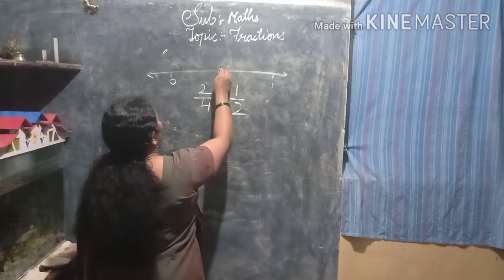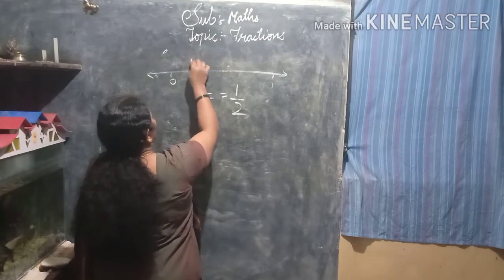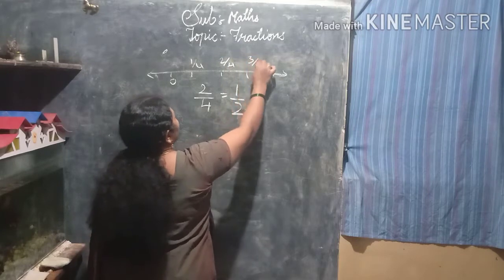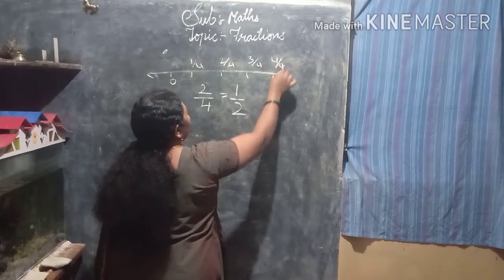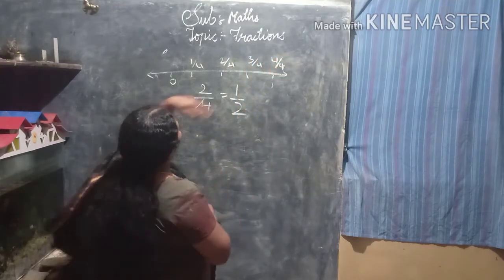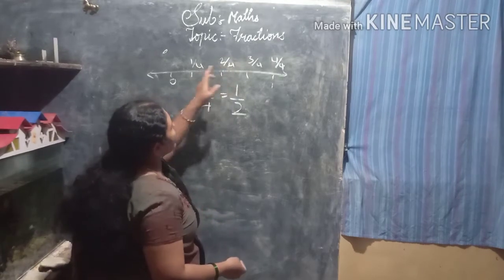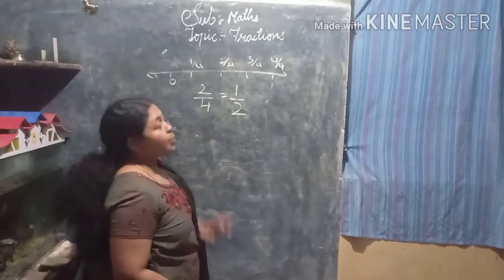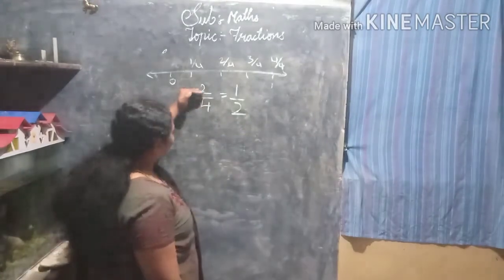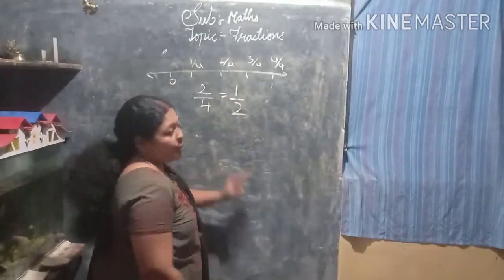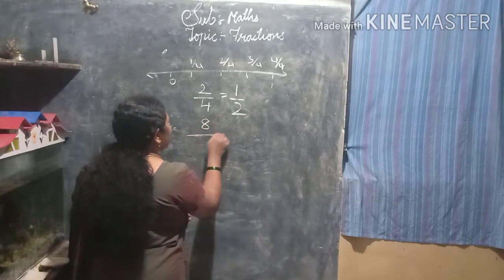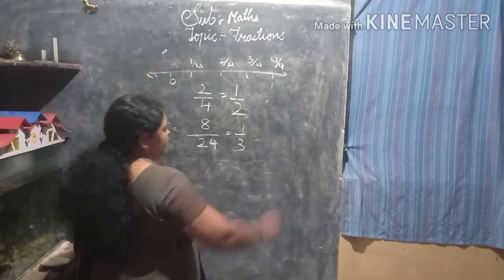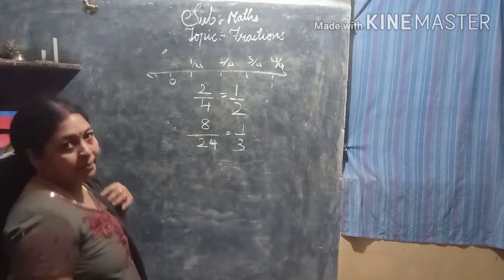We had kept 1 by 4, 2 by 4, 3 by 4 and 4 by 4. In this particular place, we told 2 by 4 is nothing but 1 by 2. Let us see why this is called 1 by 2. And also, if you remember, we did 8 by 24 as 1 by 3. This also was one of your sums.